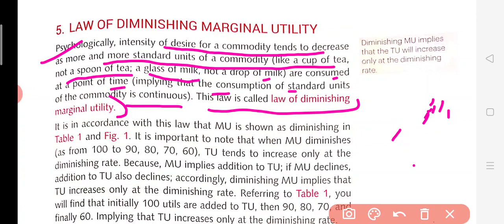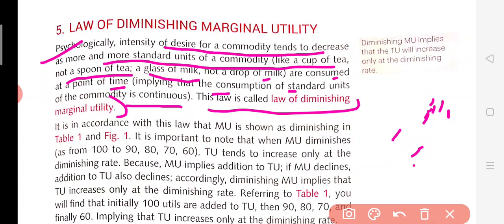Now again you purchase the third shirt. Imagine what will happen. Now again money is going out of your pocket. Now again you are getting satisfaction, but you already bought two shirts, and this time you are buying the third one. So the satisfaction derived from this third unit, the shirt which you have purchased, is going to be less.